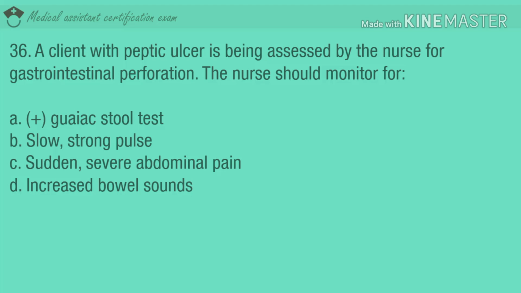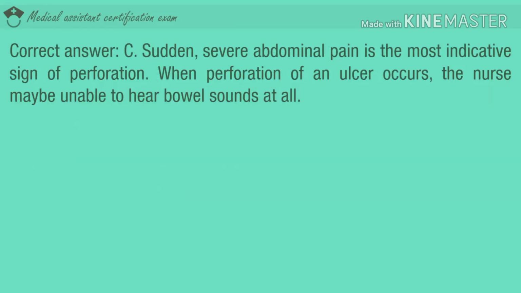D. Increased bowel sounds. Correct answer, C. Sudden, severe abdominal pain is the most indicative sign of perforation. When perforation of an ulcer occurs, the nurse may be unable to hear bowel sounds at all.